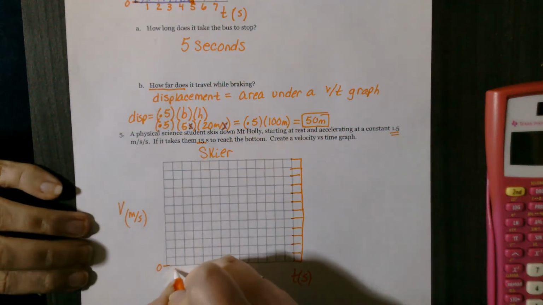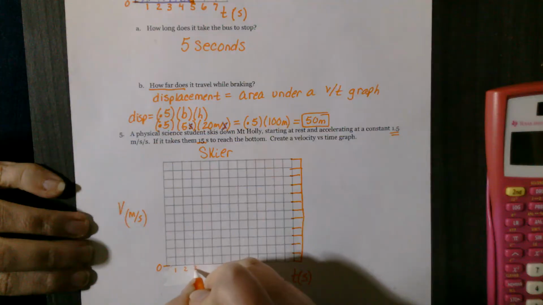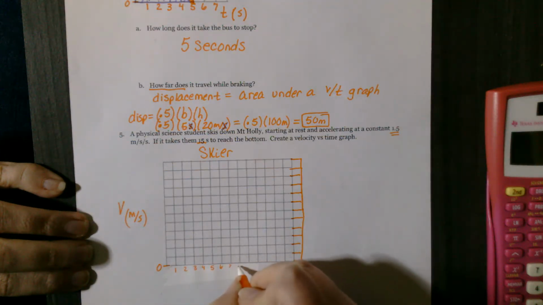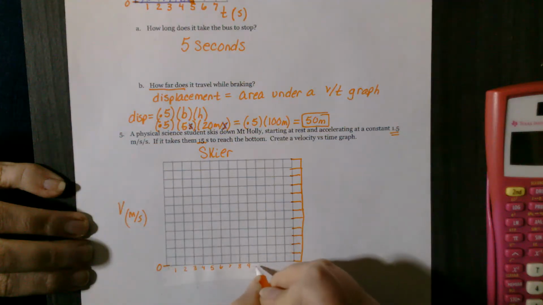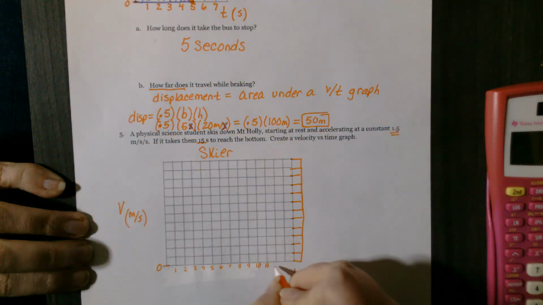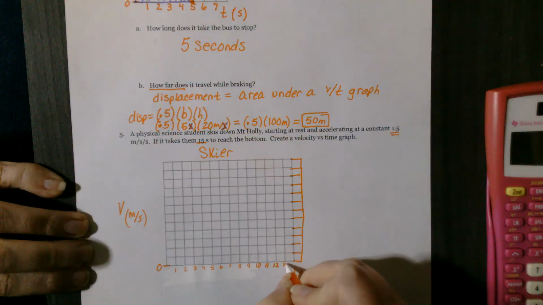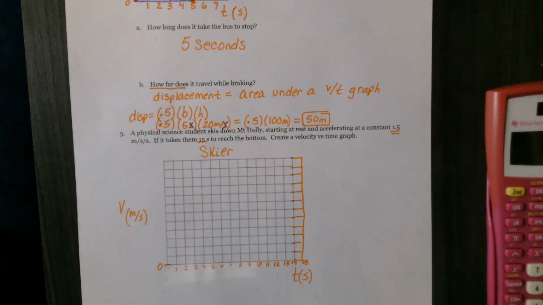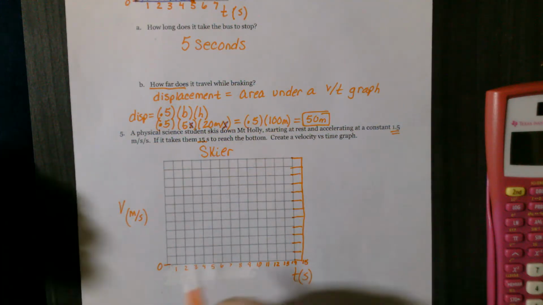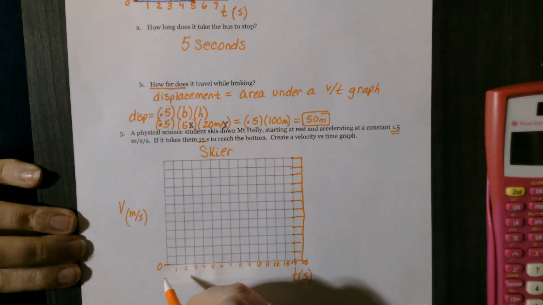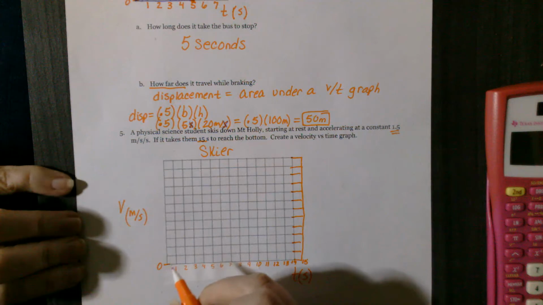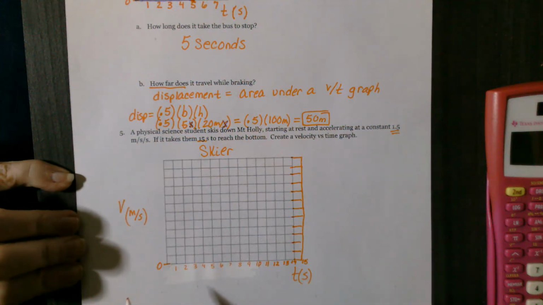So we've got 1, 2, 3, 4, 5, 6, 7, 8, 9, 10, 11, 12, 13, 14, and at the end is 15 seconds. All right. So for every 1 second, it goes up 1.5. So let's see if we have enough.